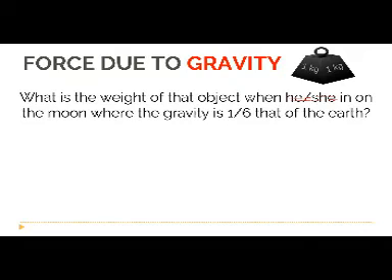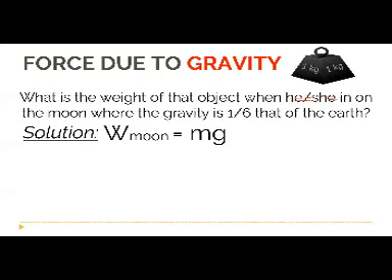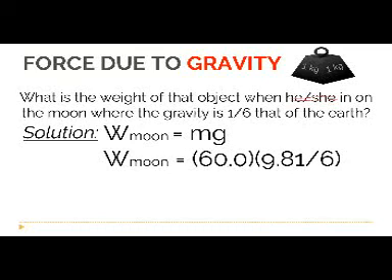If the gravity of the moon is 1/6 of the Earth, we simply divide the gravity of Earth by 6. Using the equation mass times gravity, mass is equal to 60, then the gravity of the moon is 9.81 divided by 6.